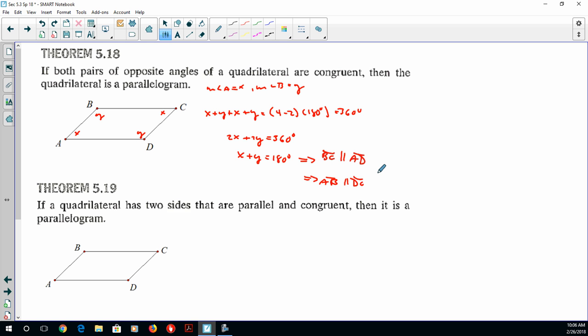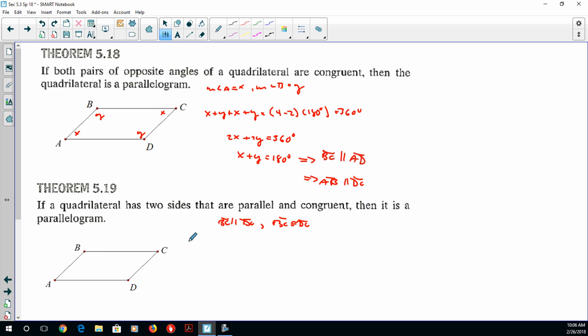5.19. If a quadrilateral has two sides that are parallel and congruent, then it's a parallelogram. Okay. So let's say the sides are, not BC and DC, excuse me. What am I thinking here?